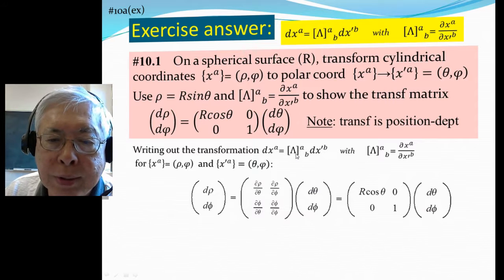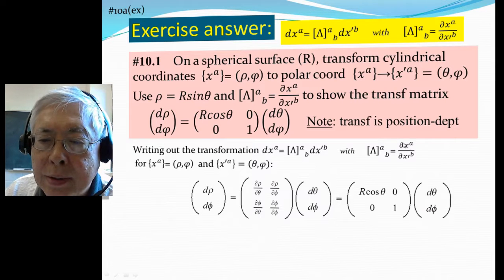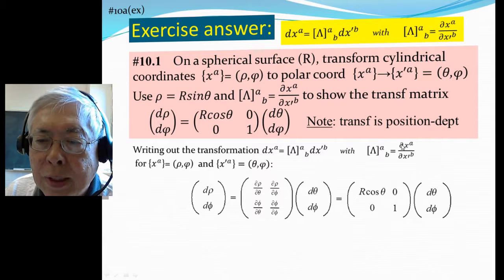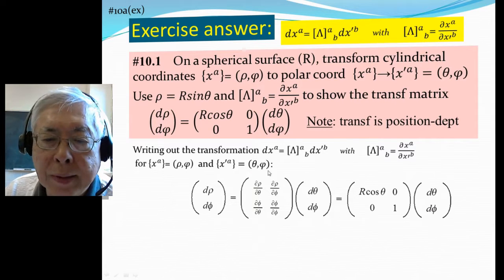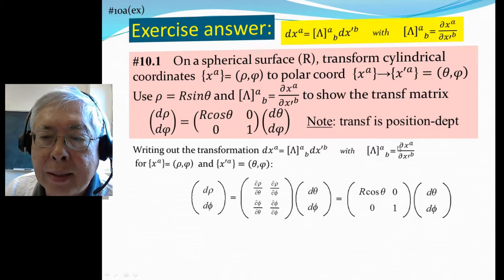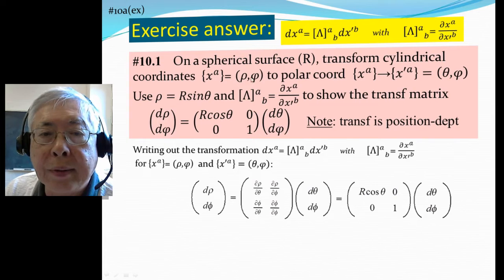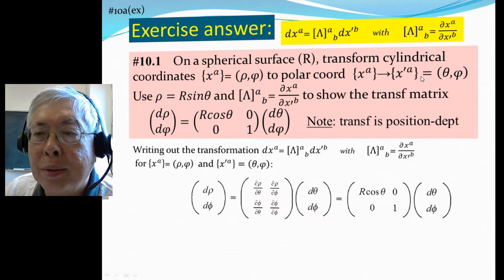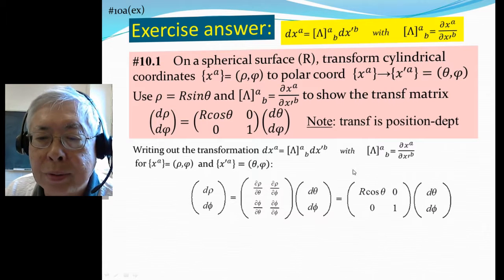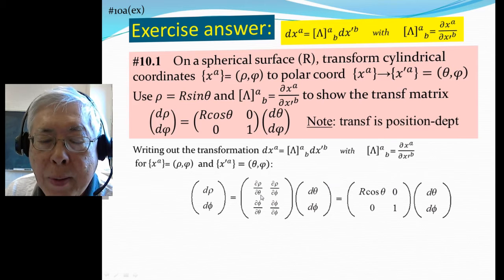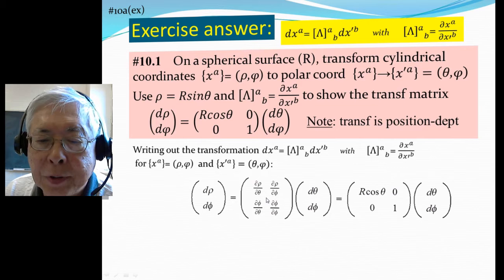So the key point to understand is that lambda 1,1 is the x1 over x prime 1. And x1 is rho, and x prime 1 is theta. So the first one is the d rho d theta, and the lambda 1,2 element is d rho d phi, and so on and so forth.